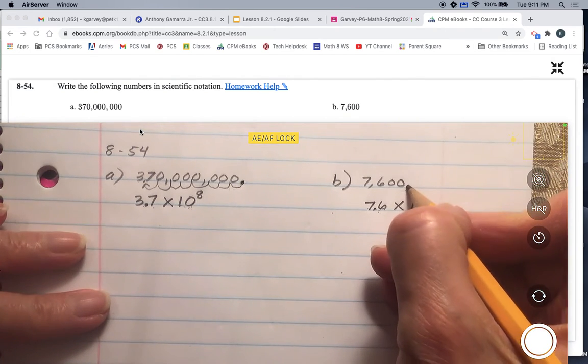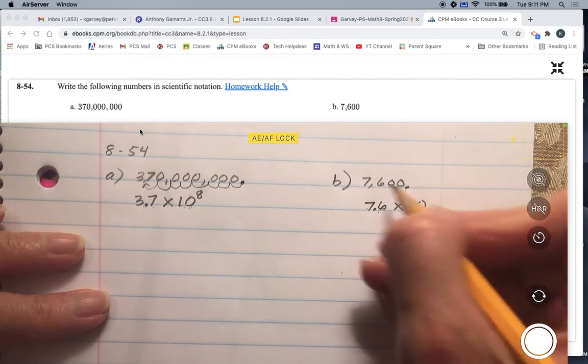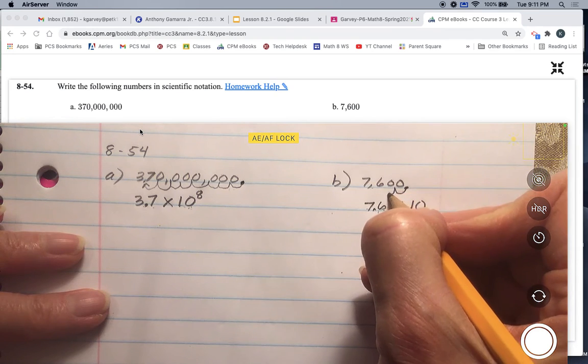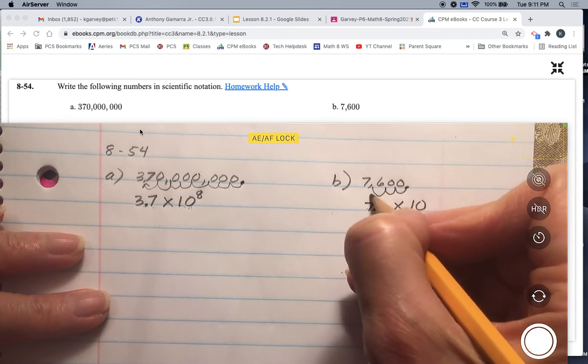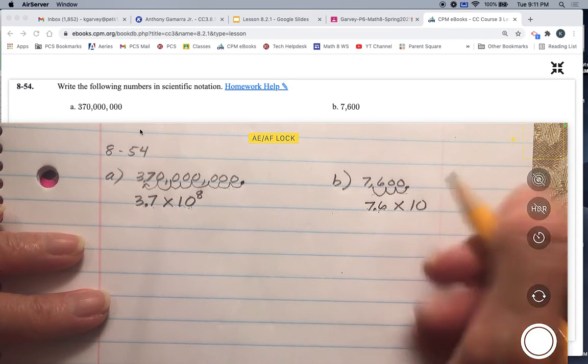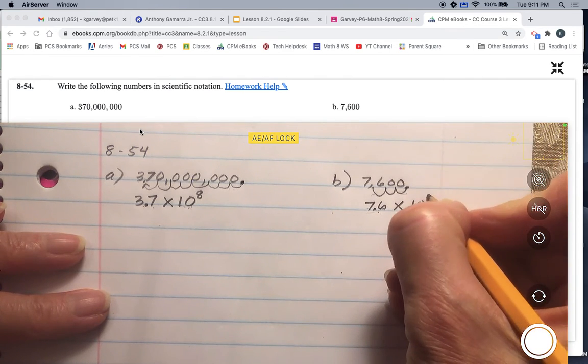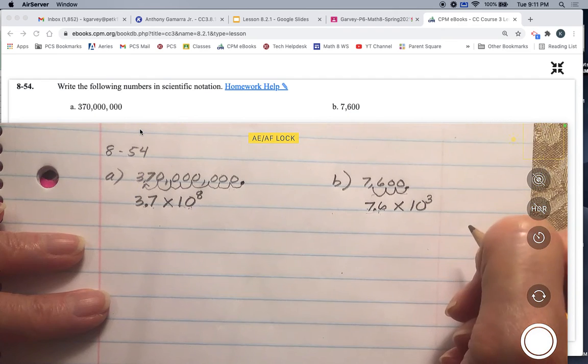So in this case, the decimal point was here, and then it traveled up to between the 7 and the 6. So let's count how many place values that is. That ends up being 1, 2, 3 place values. So I'm going to make this 7.6 times 10 to the third power.